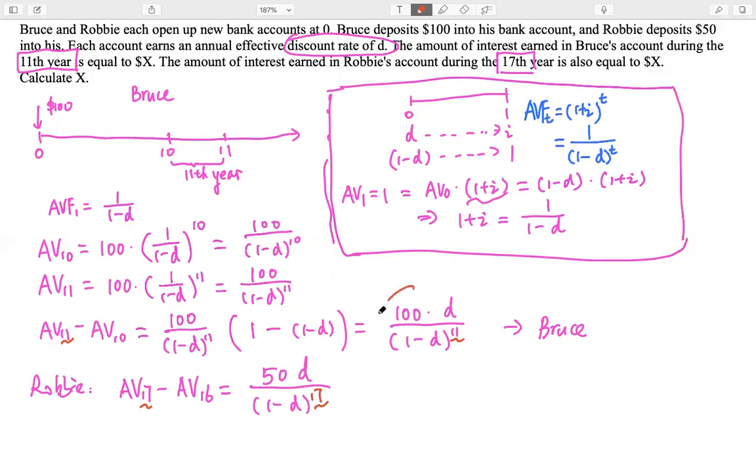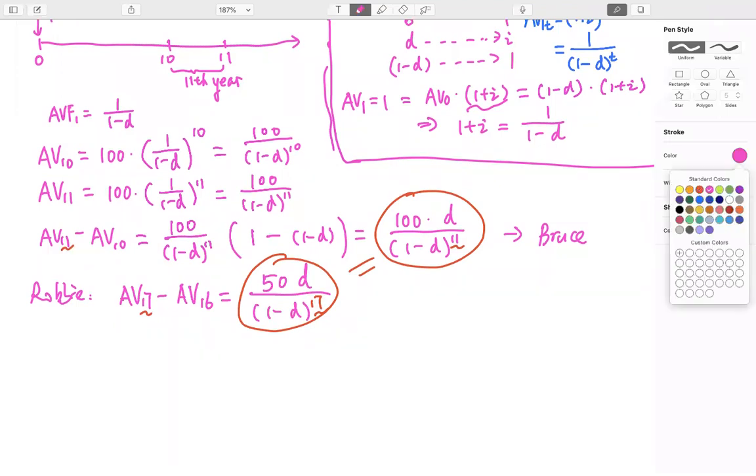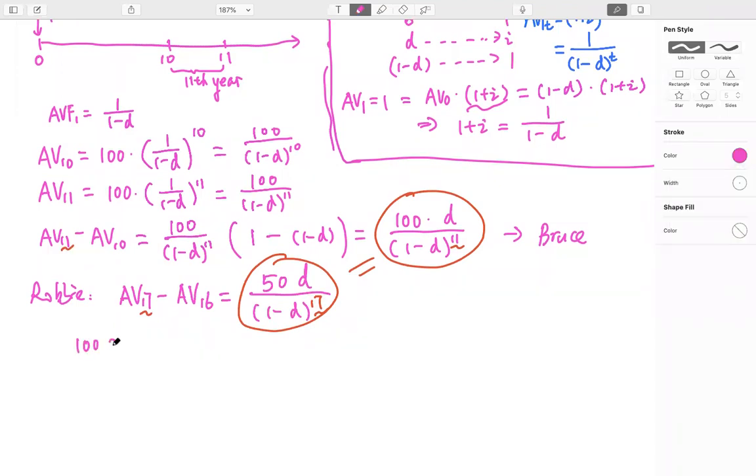Those two, this and this, they should equal, right? So now we establish the equation. According to the information, what Blue earns in the 11th year matches exactly what Lobby earns in the 17th year, okay?